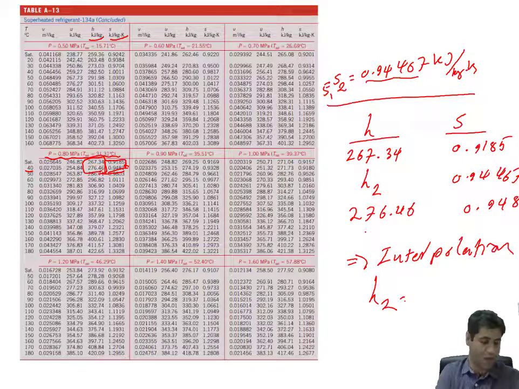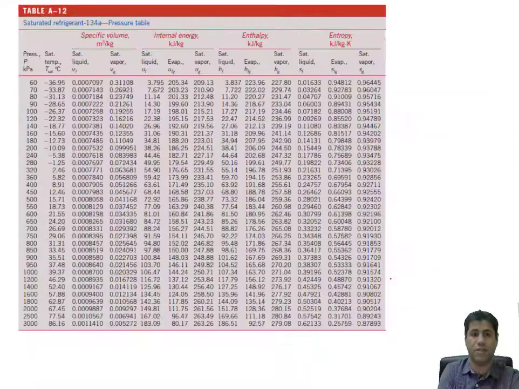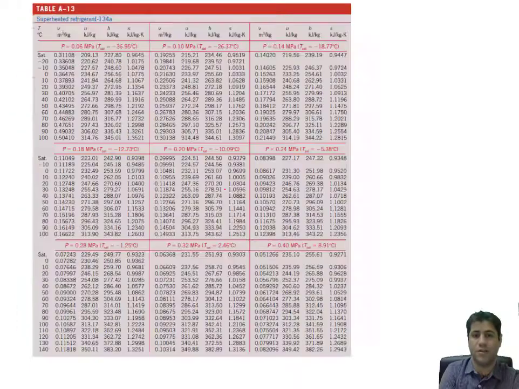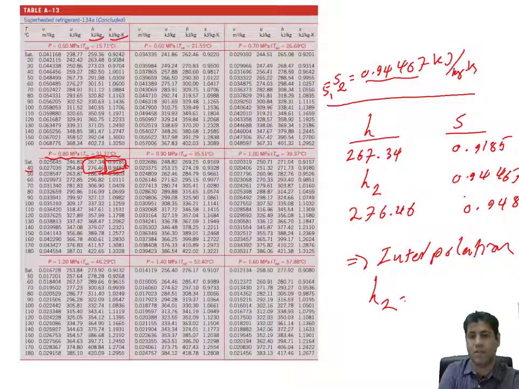Now let's see, after our calculation, what the enthalpy is for state 2. After we have done the calculation, the enthalpy which we have found is 275.40 kilojoule per kilogram. If we do this interpolation, we can find the enthalpy for this state.